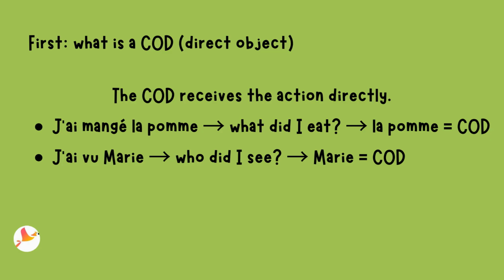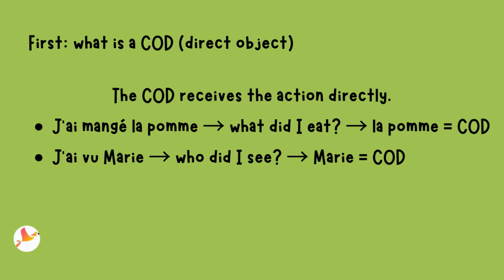All right. So what is the direct object? In English, we have an example here. We have J'ai mangé la pomme, or I ate the apple. When you ask yourself the question, what did I eat? The apple.